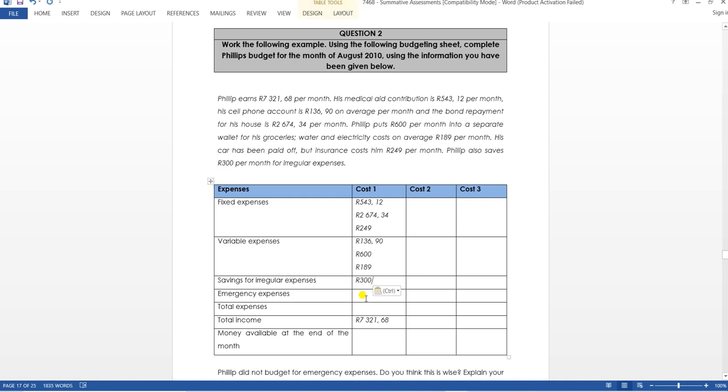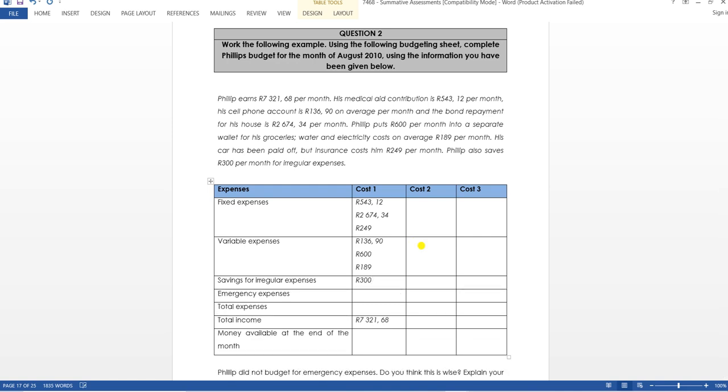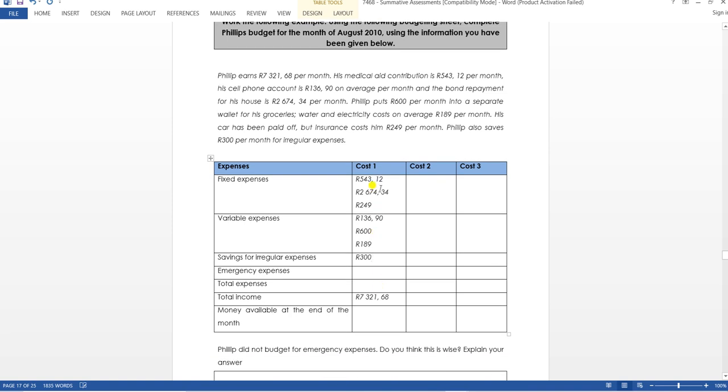So that's how you go about completing this table. You have to add these for column 1 in order to get the total expense for cost 1.